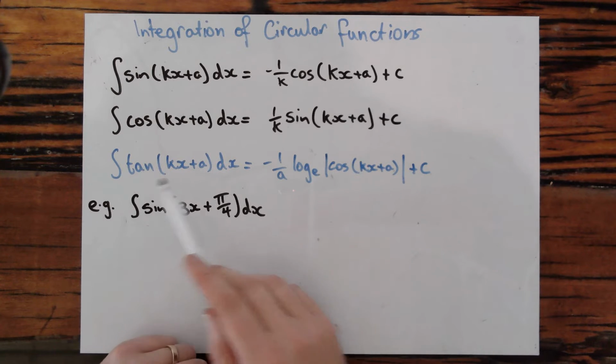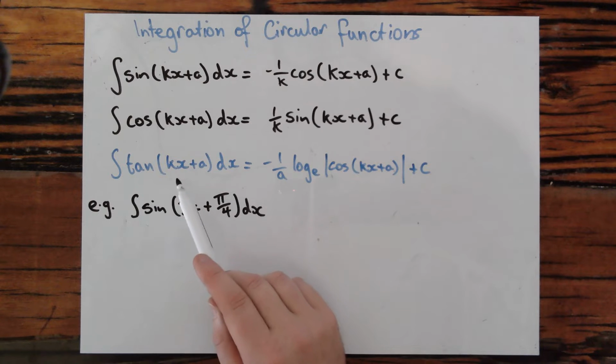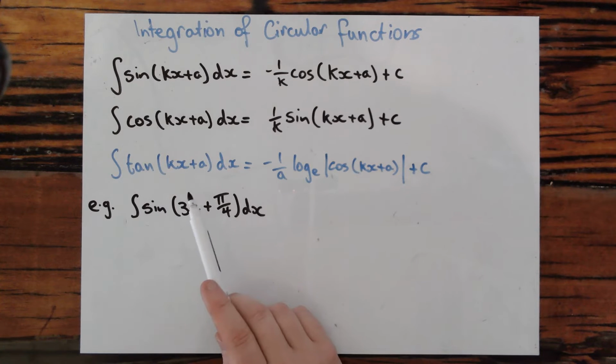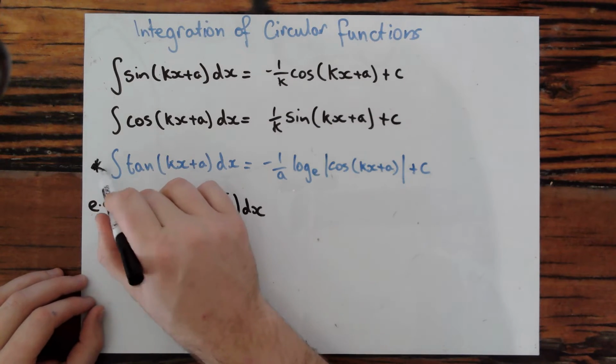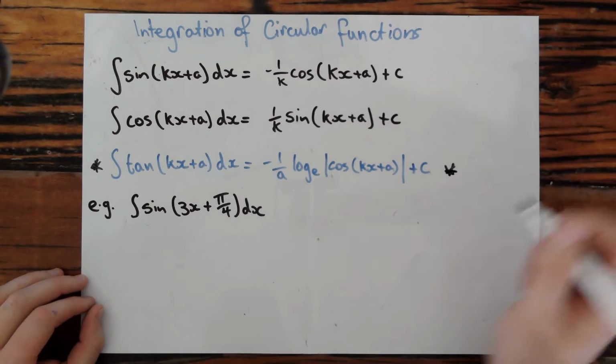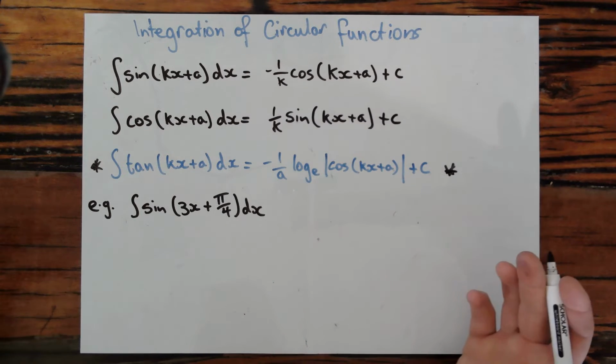Lastly, in blue here, I've got the antiderivative or integral of tan of (kx + a) dx. I did it in blue because this sits outside the course, but for completion, I wanted to show you what the integral of tan was, because otherwise you'd be thinking, well, why can't we do it?